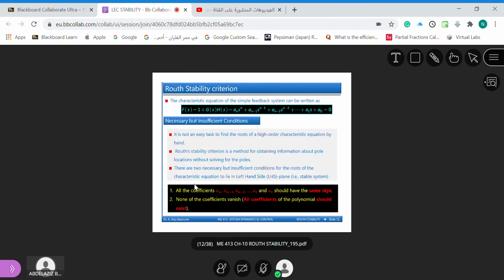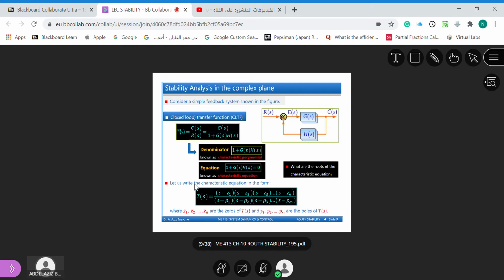So we can solve the characteristic equation, 1 plus G(s)H(s) equals 0, and that's it. We find the poles by solving this characteristic equation. If the poles lie on the left-hand side plane, like this or like this, the system is stable. If the poles lie on the right-hand side plane, the system is unstable.